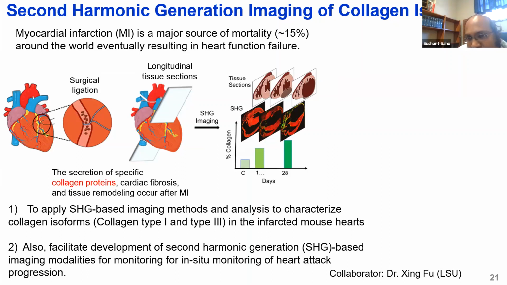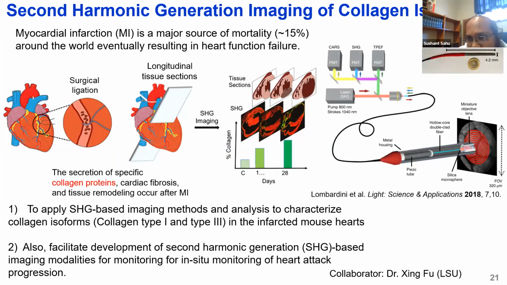So we wanted to monitor this time-dependent collagen distribution in infarcted mouse hearts. The second objective was to look not only at collagen per se, but also at different collagen types, particularly type 1 and type 3, which are found in heart.